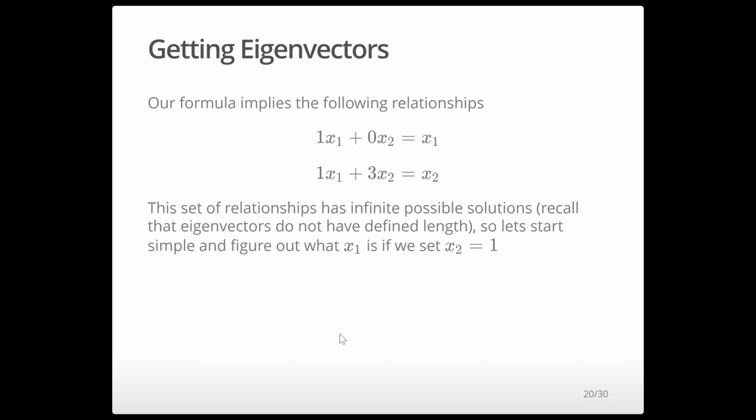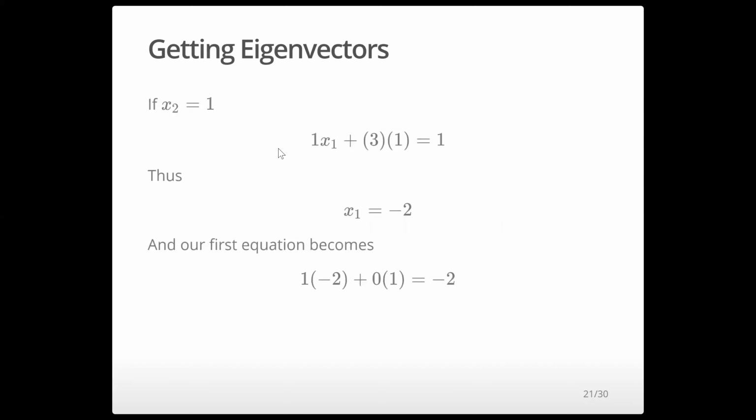So this relationship has infinite possible solutions. This is because eigenvectors don't have defined length, they only have a direction. So we can start by just setting one of our x's equal to 1 and then figure out what that would imply for the other one. So here we're going to set x2 equals 1. So if we do that, we get 1 x1 plus 3 times 1 equals 1.